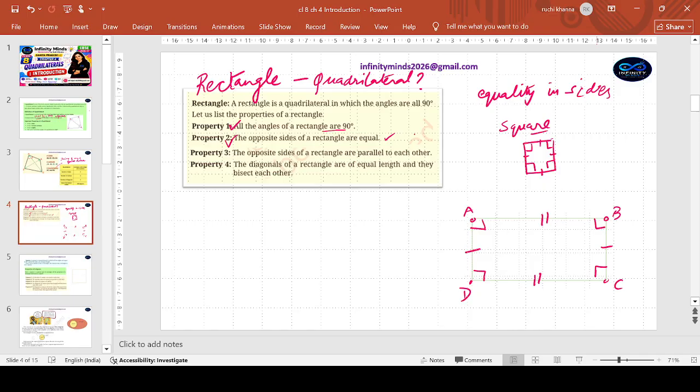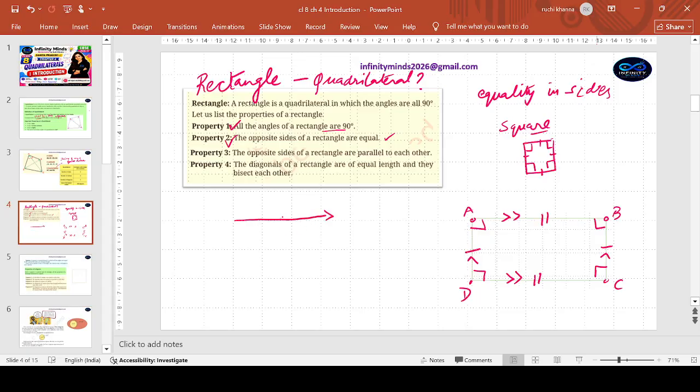The opposite sides are parallel. Okay, now students, let us try and see. Parallel is denoted by an arrow. What do we mean by parallel? What are parallel lines after all?